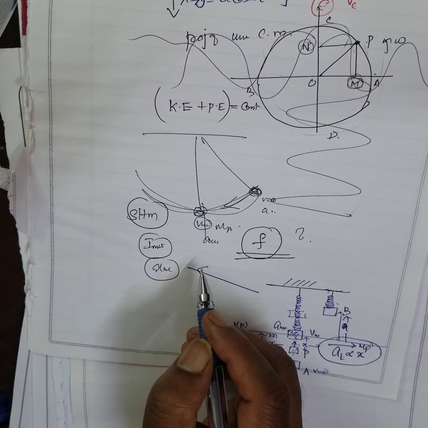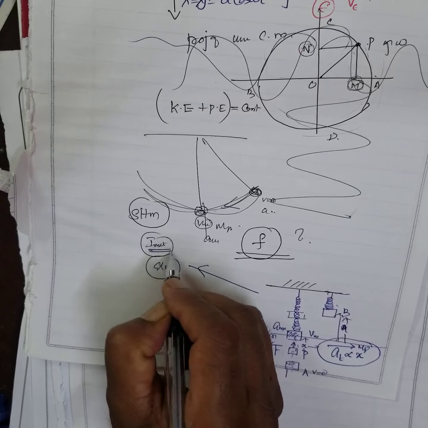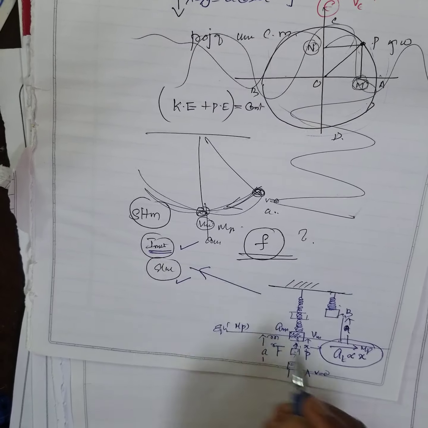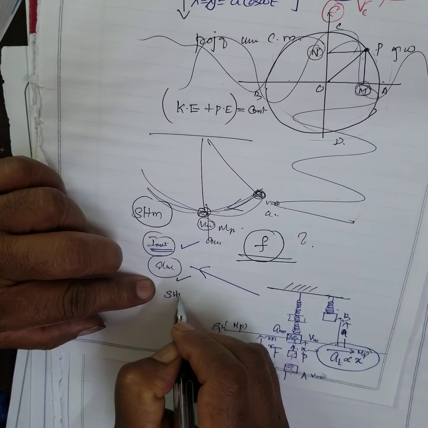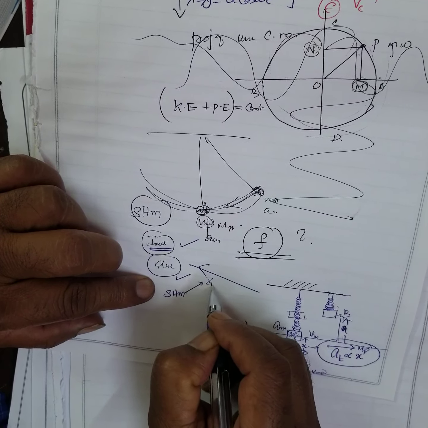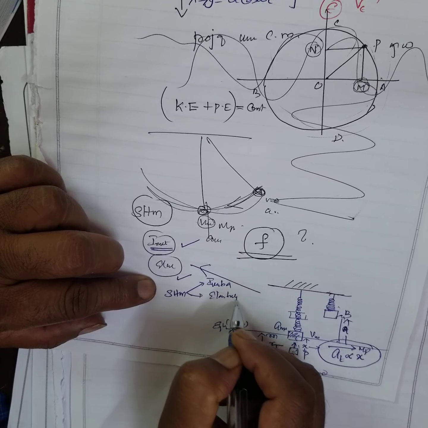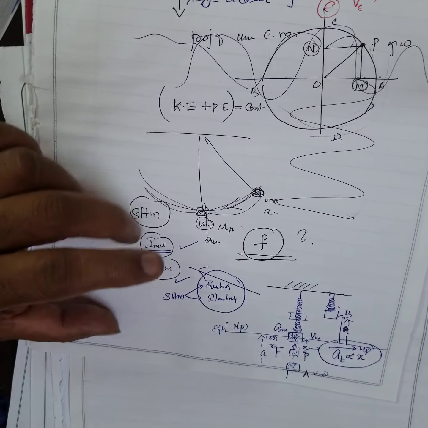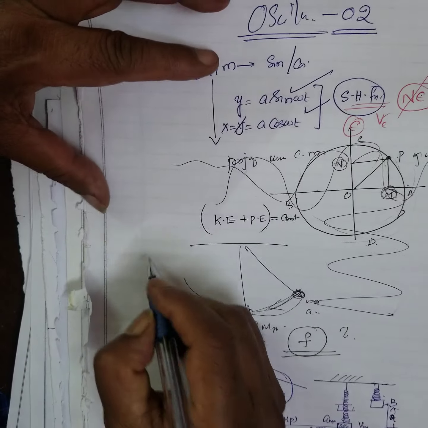Therefore, here this applies. Simple harmonic motion must possess both inertia as well as elasticity. You must have this type of wide knowledge. And what is the equation of simple harmonic motion?